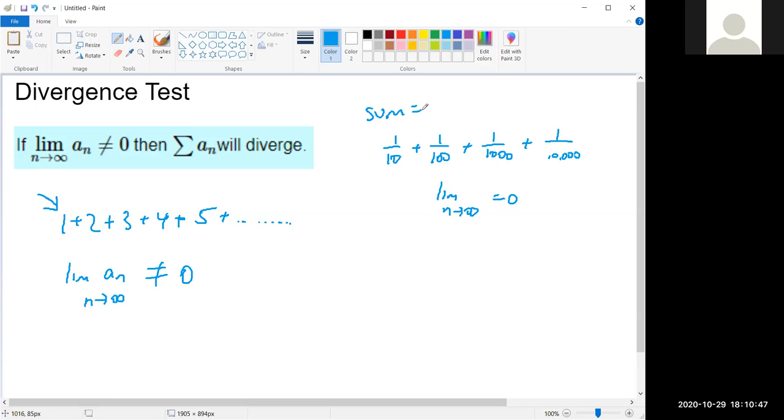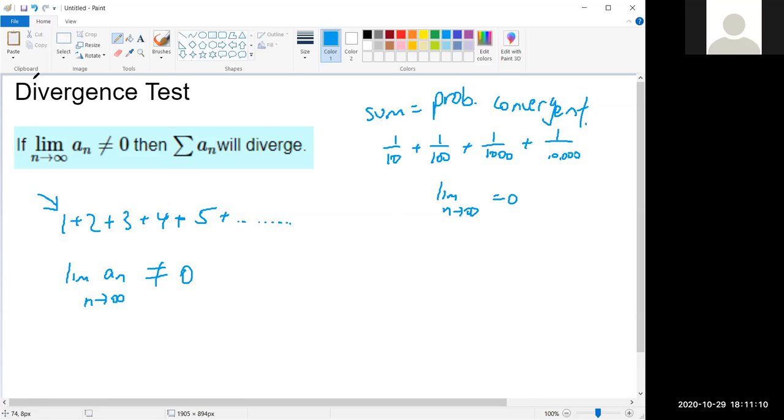Convergent. Yeah, I would probably say convergent, right? Because it's getting so small that it's probably not going to reach infinity. So this is probably convergent. I'm going to write probably because we don't know for sure. But the main idea is that if your numbers don't go to 0, then it's never going to converge.